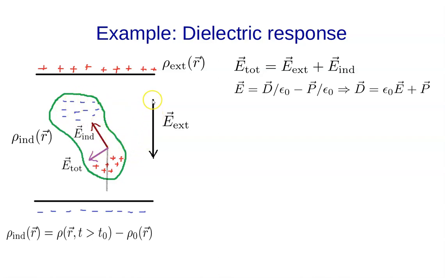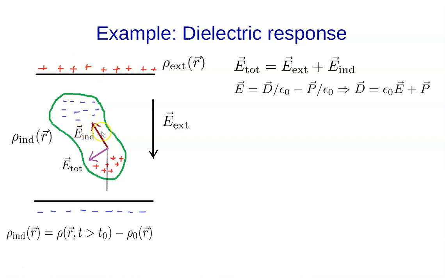So what happens when you apply it, and you actually might have electrons in the system, is that there will be a polarization within this metallic system. There will be an induced charge density because I'm applying this electric field. You can think of this as energetically more favorable for the positive charges to accumulate close to these negative charges, and for negative charges to accumulate close to these positive charges.